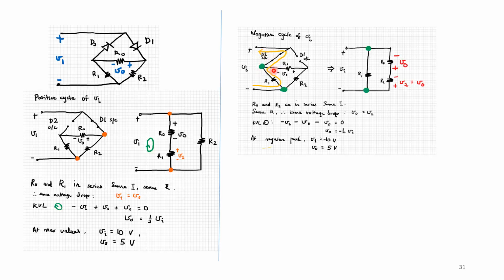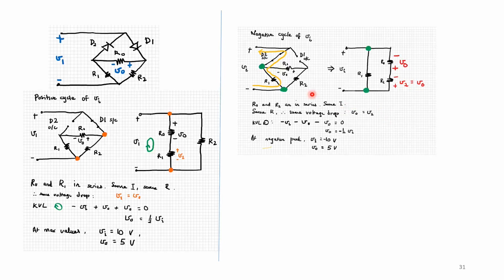So R out and R1 are no longer in series because there is a third connection here, but R out and R2 are in series. We will draw this between these 2 green nodes. I have just added these green nodes so that you see how to redraw it. So we have R1 in parallel with the combination of R out and R2. R out and R2 are in series, same current, which means the same voltage drop.